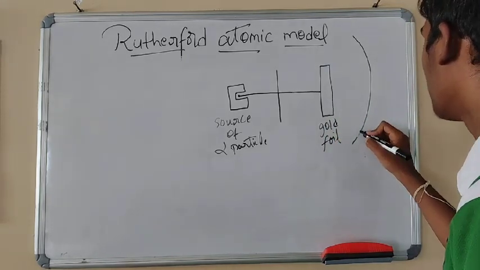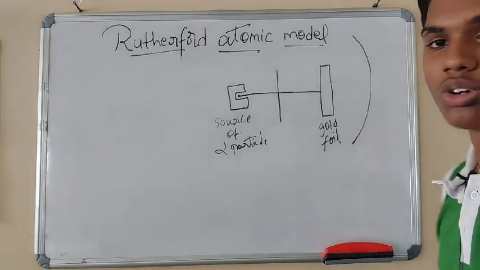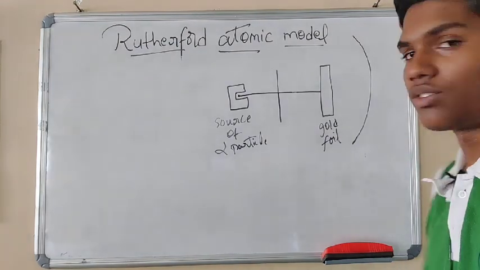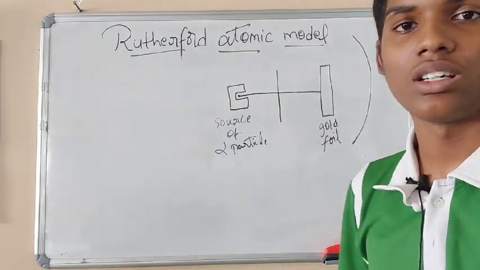And here he took a screen which is coated with a fluorescent coating. Generally we make fluorescent coatings using materials like zinc.